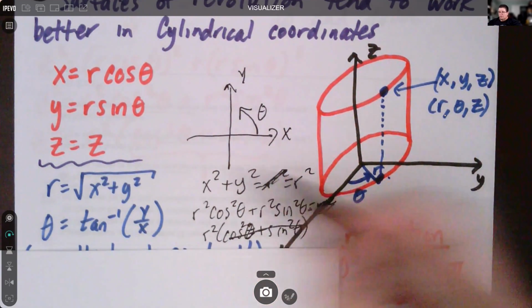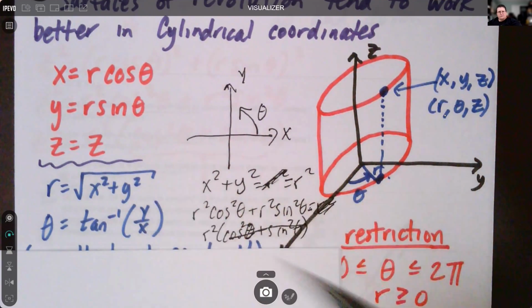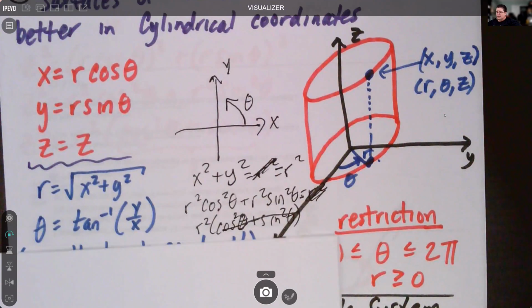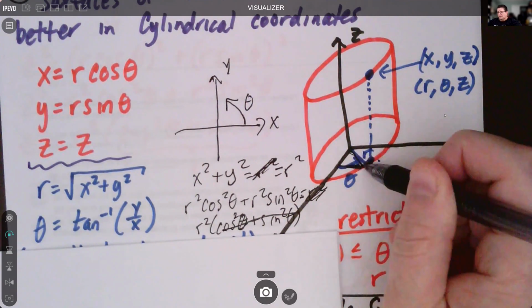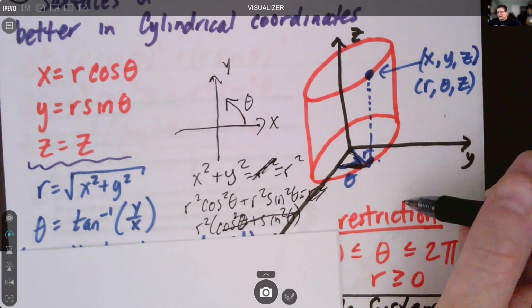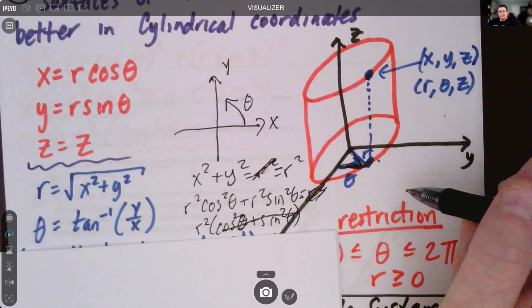So r is the square root of those, and we know this from trigonometry. Also, you should have learned in trigonometry to get theta, we're making a triangle right there, and theta equals tangent inverse of y over x.